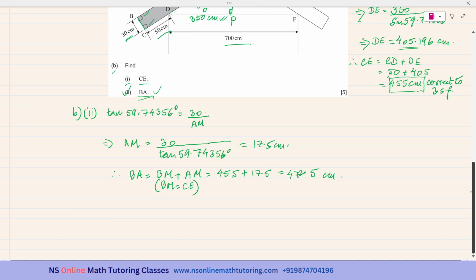Therefore, correct to three significant figures, BA is equal to 473 centimeters. Okay. Correct to three significant figures.